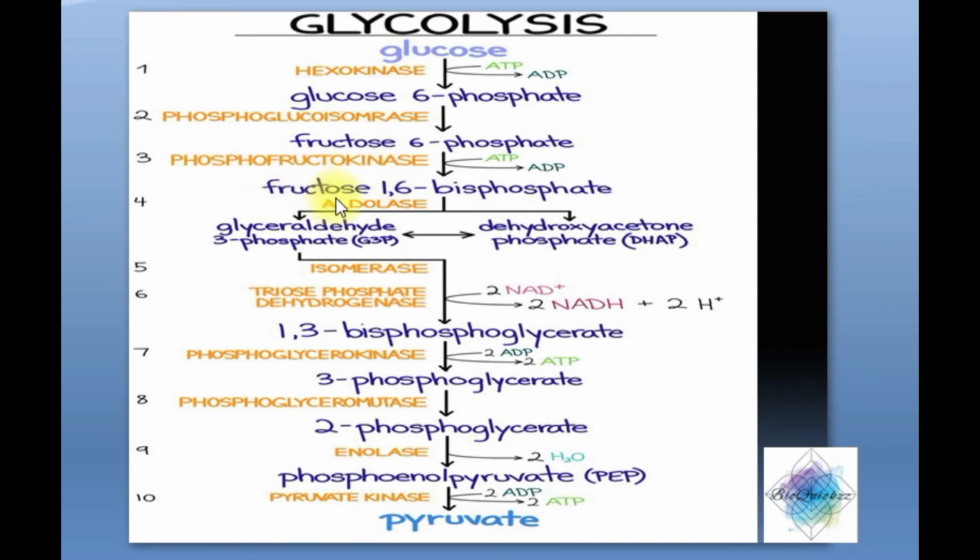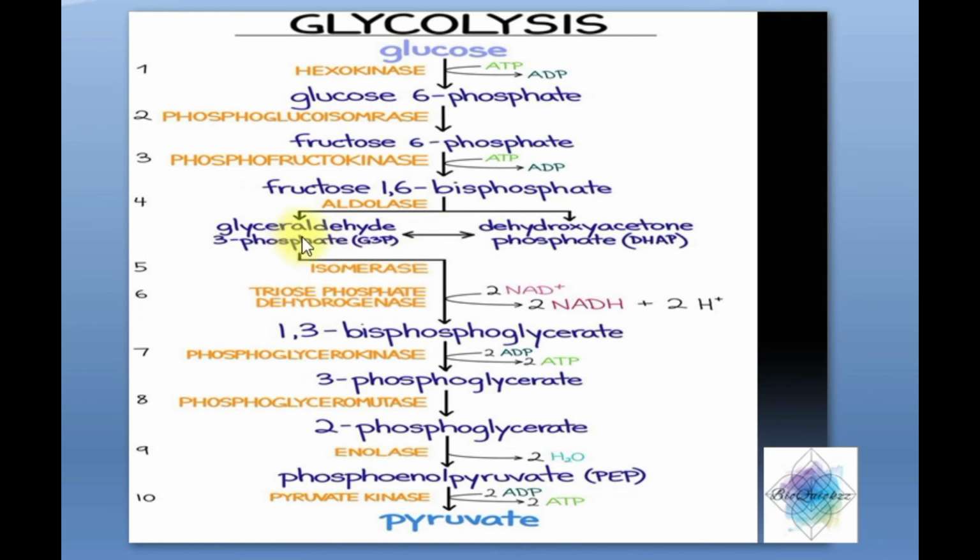Step number 4: fructose 1,6-bisphosphate changes to glyceraldehyde 3-phosphate and dihydroxyacetone phosphate. The enzyme used here is aldolase. Dihydroxyacetone phosphate changes to glyceraldehyde 3-phosphate by using the enzyme triose phosphate isomerase.